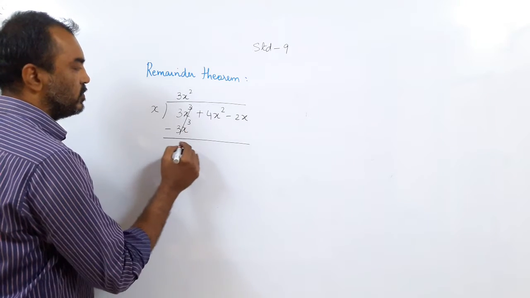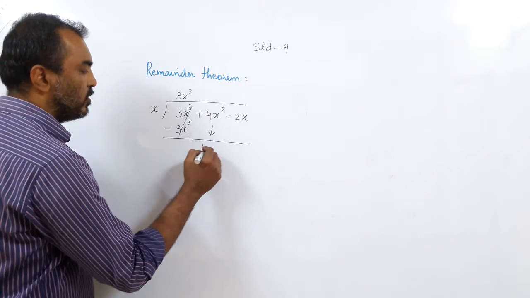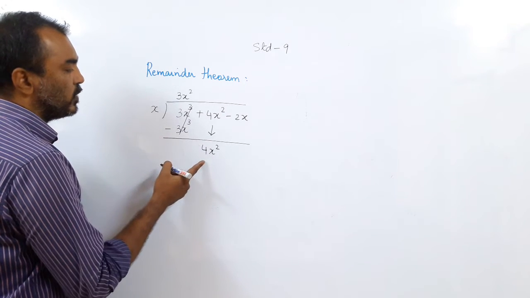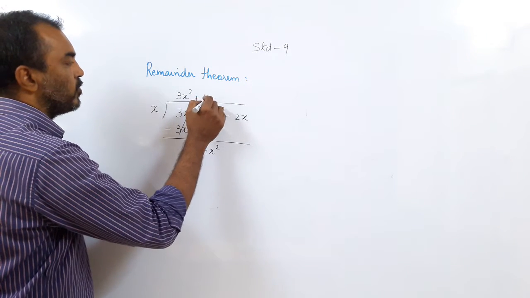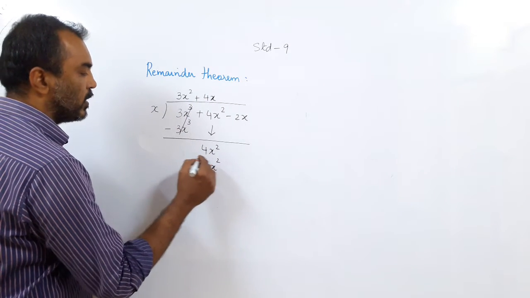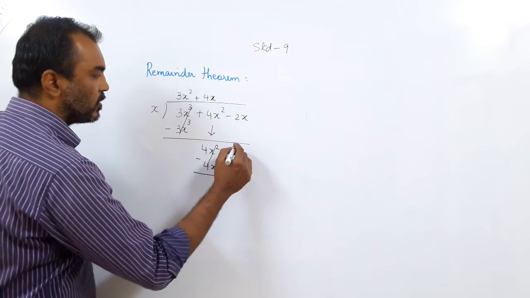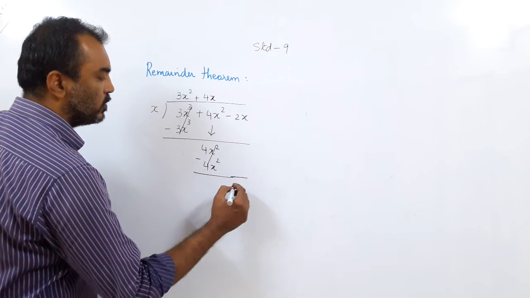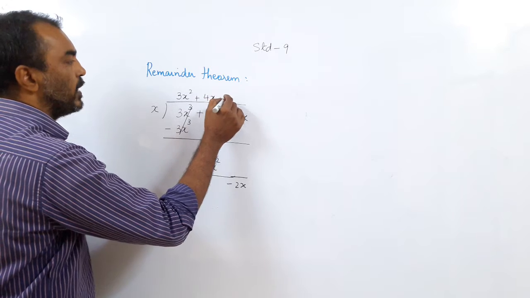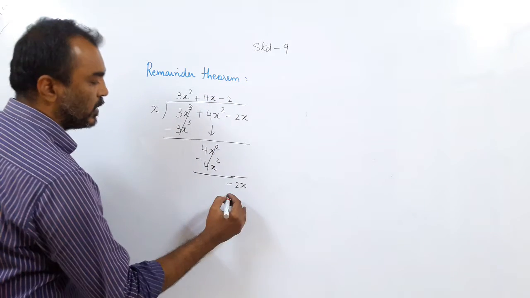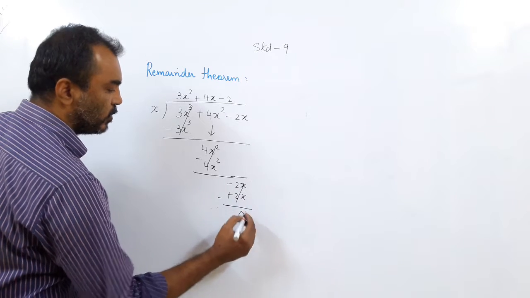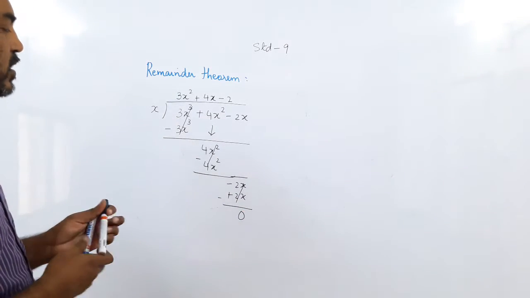So this gets cut. So this comes down here, 4x square. Now how can I get 4x square from x? So plus 4x. So 4x into x gives me 4x square. Minus got cut. What comes down here now? Minus 2x. The sign is very important. So I put a minus 2 because minus 2 into x is minus 2x. The minus becomes plus, cut and 0. So you can see here what is the remainder left?